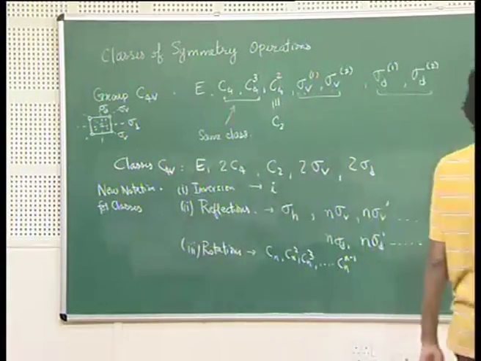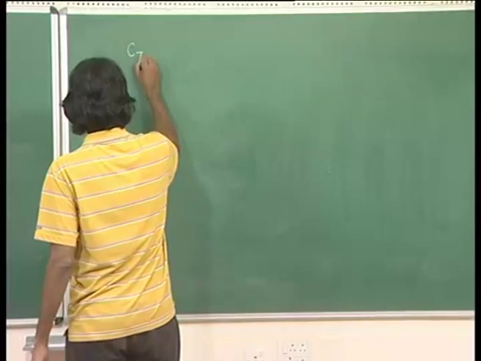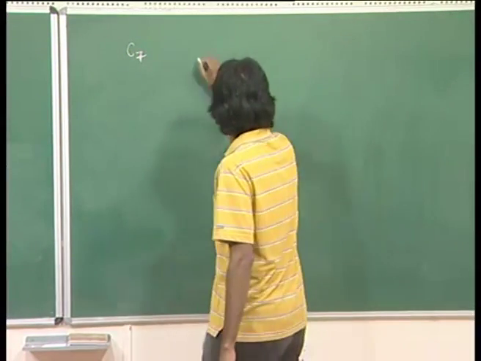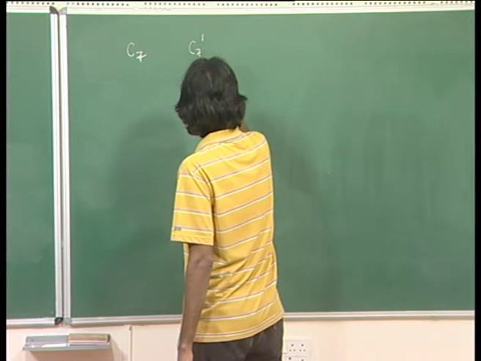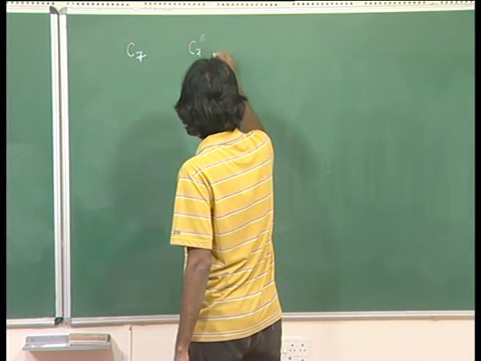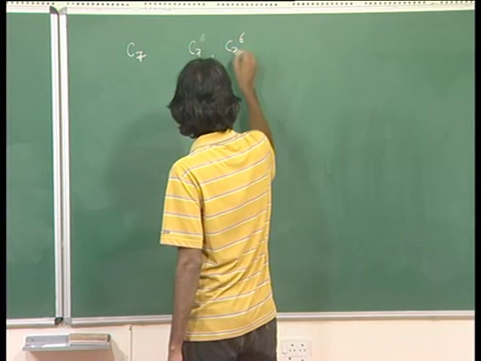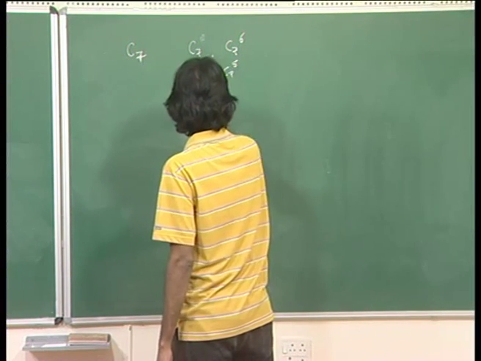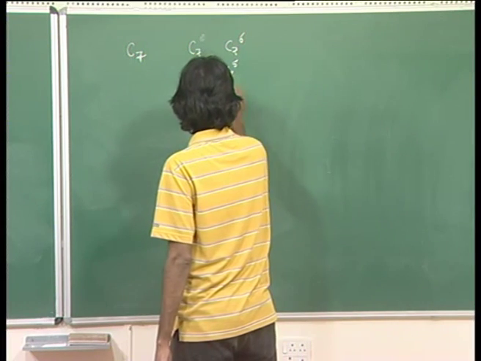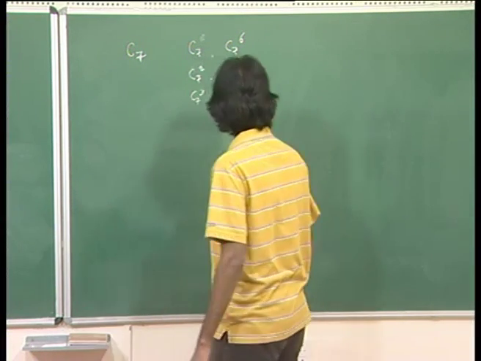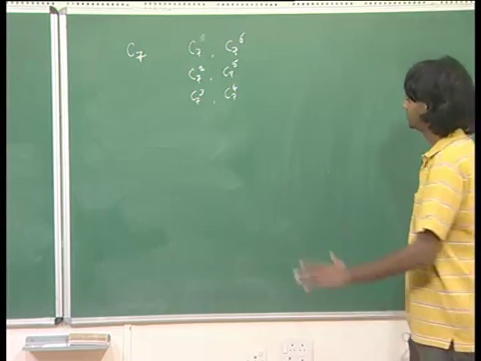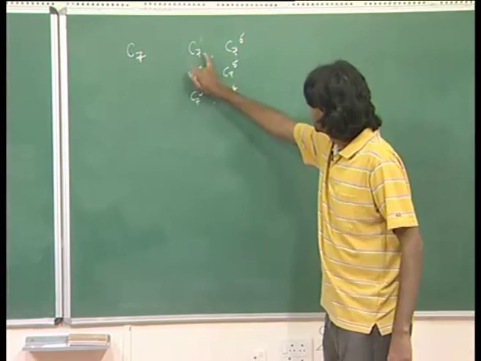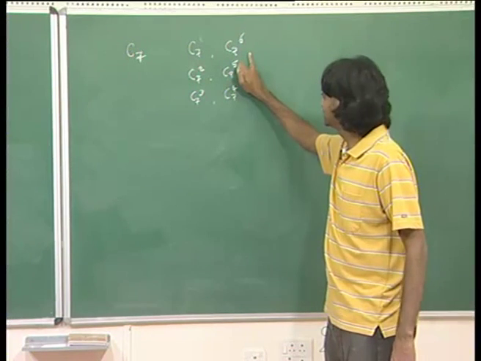So, for example, suppose you had C7, you could have C71 or C7, C76, C72, C75, C73, C74. So, you could have this example where in C7, if you had 7 sigma v planes, then these two would be in the same class.